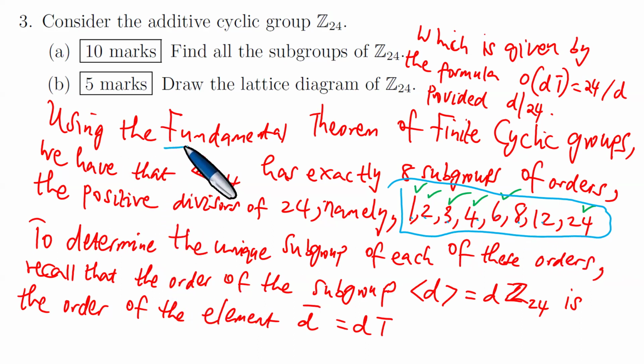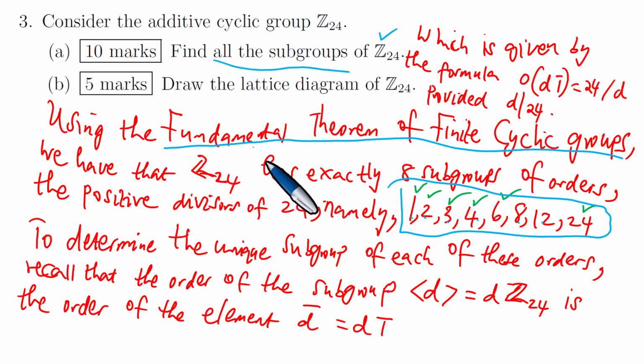According to the fundamental theorem of finite cyclic groups. For this we use the fundamental theorem of finite cyclic groups. How do we use it to find all the subgroups? We have that Z24 has exactly 8 subgroups of the following orders.